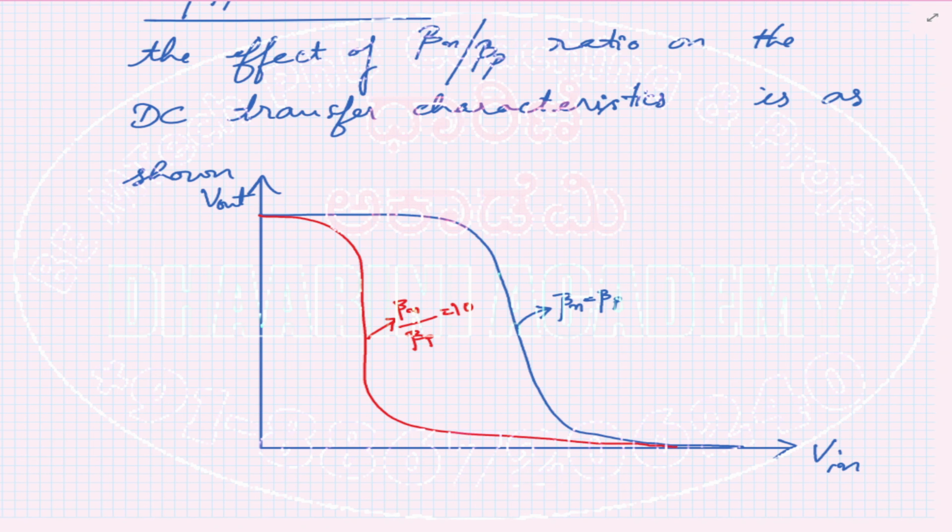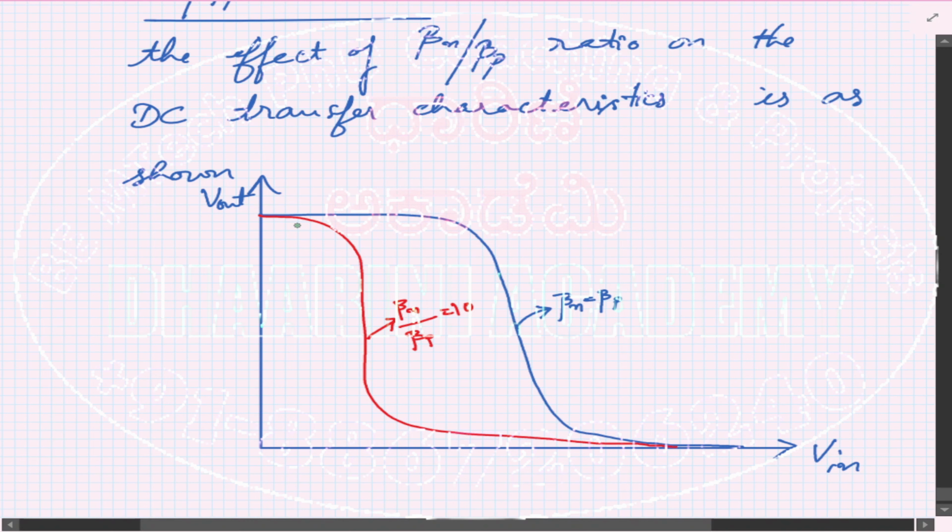At the same time, I have another option: I can make beta n by beta p less than 1, say 0.1. In that case, your curve will be like this. So this is beta n by beta p equal to 0.1, or beta n is 0.1 times beta p.